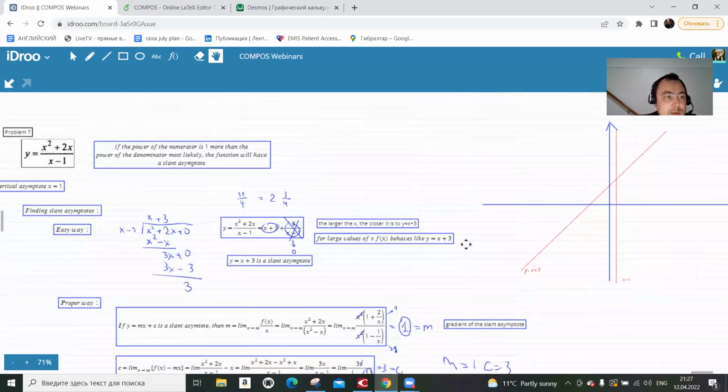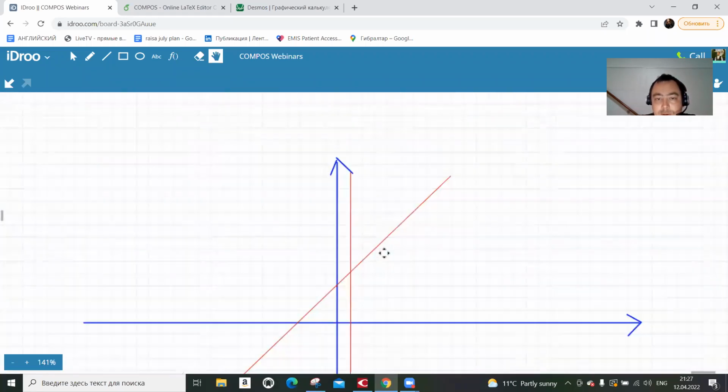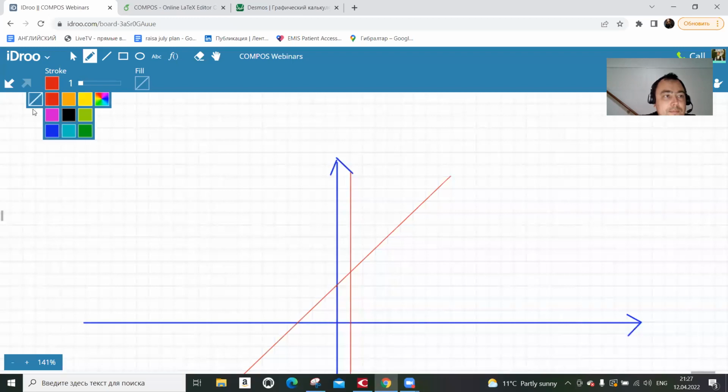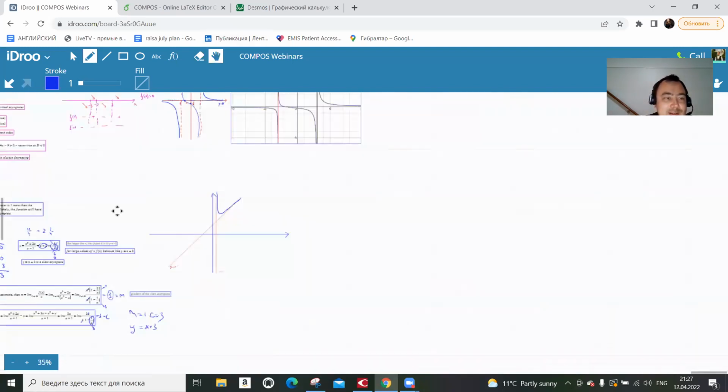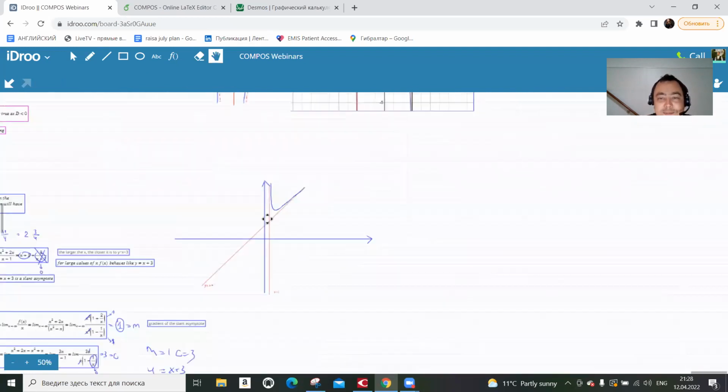And what happens to the function? Well, it looks like the function is going to be like this. Because you have the asymptotes, you know that the function is going to be, oh, actually, you know what? That's not necessarily true. No, it is.